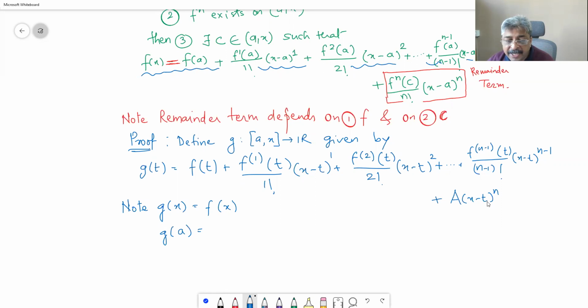So if I put t is equal to a, then some remainder term looking like this is going to be there, and we will get this quantity after we complete our proof. What should be the value of A? That is the proof of this theorem. It should look like this. So if you put t is equal to a, do you see that it is also equal to f of x? So at the two extreme points, the function g has the same values. That is the first requirement of Rolle's theorem.